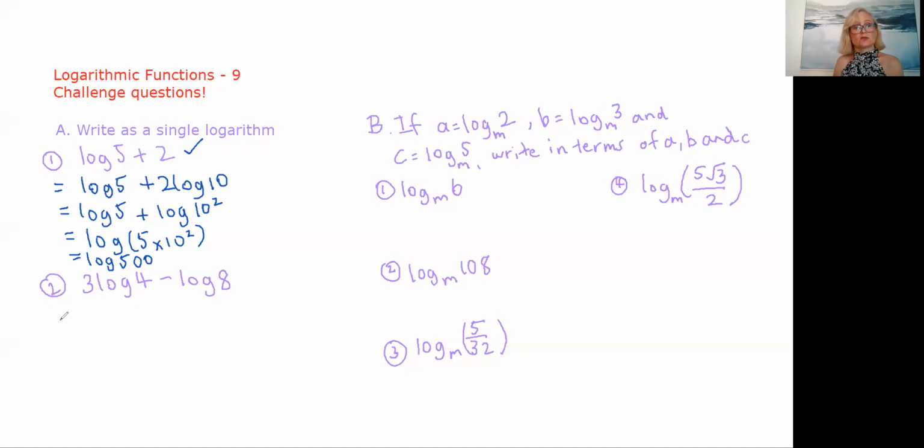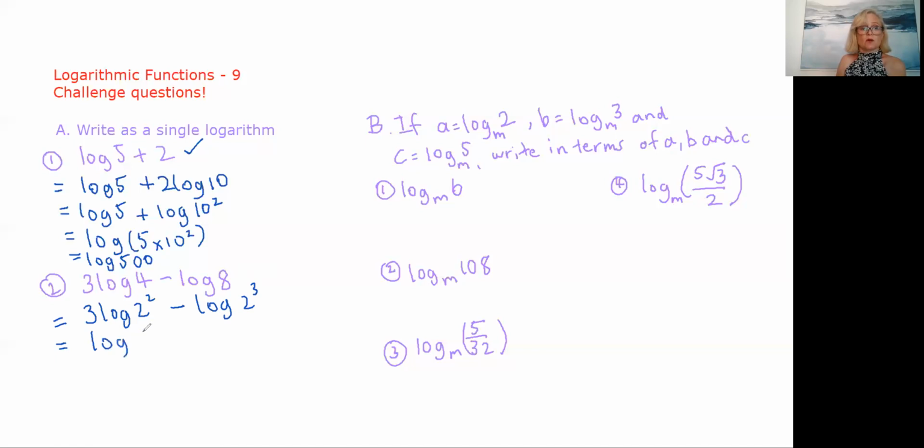All right, have a look at the next one. It might be helpful here. Again, we're dealing with base 10 because there's no base written. However, you'll notice that you've got a 4 and you've got an 8. Let's maybe change them to powers of primes just to make things a little bit easier. So you've got 3 log of 2 squared minus log of 2 cubed. Bearing in mind, if you've got the number out the front, you can bring that in as a power.